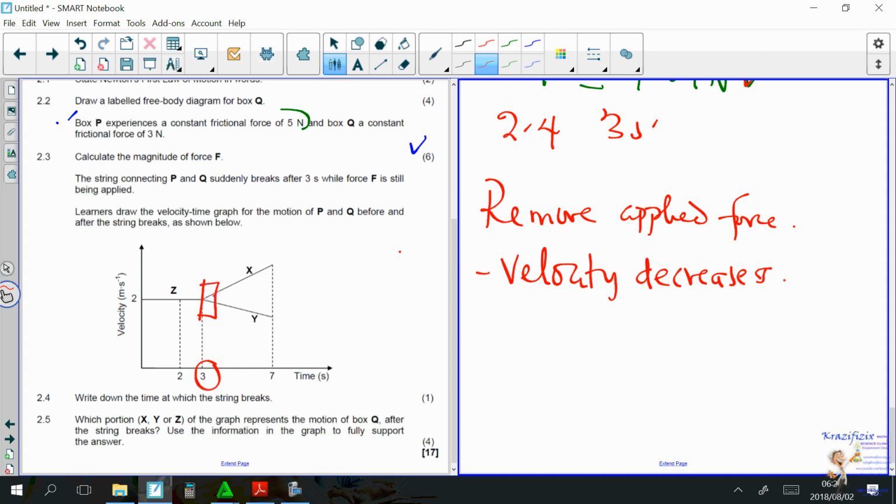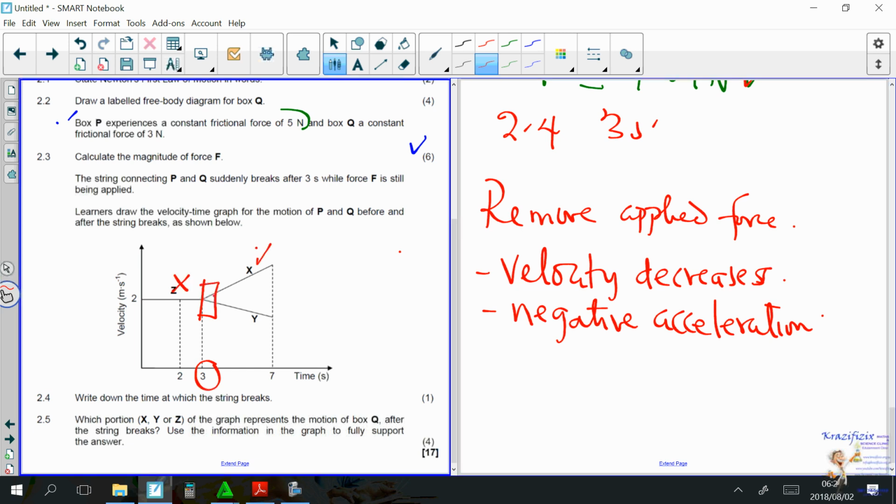When velocity decreases, we are going to have a negative acceleration. Why negative? My final velocity now is smaller than my initial velocity. So if velocity decreases, automatically it's not Z. Automatically it's not X. It has to be Y.